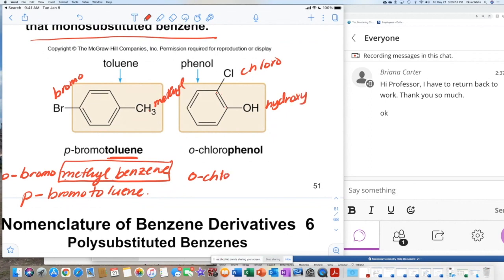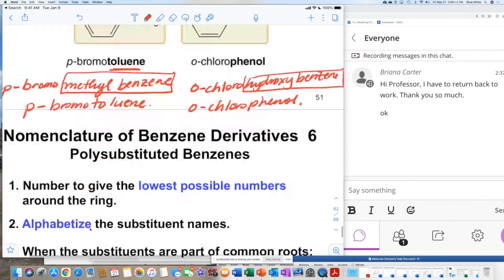O chloro hydroxy benzene, if I can spell this right. But hydroxy benzene has a common name that's called phenol. So it's O chlorophenol. O chlorophenol.